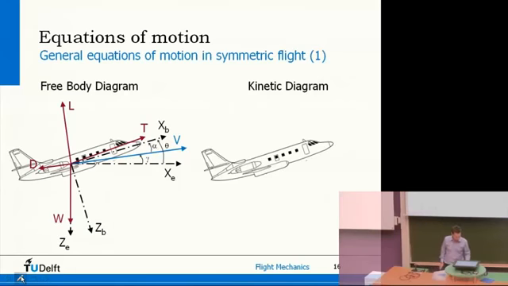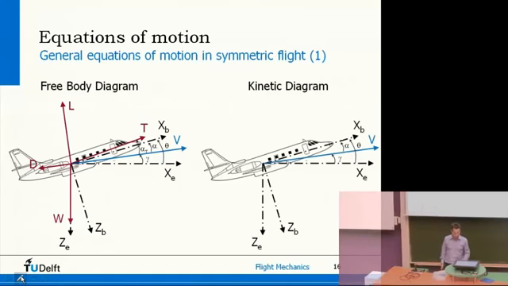Now, if you look at the kinetic diagram, this is basically the accelerations of the aircraft. Then we have the same axis systems, same airspeed, but now let's introduce two accelerations, because the plane can move in a two-dimensional plane. So, just by definition, I'm taking the accelerations parallel and perpendicular to the airspeed.